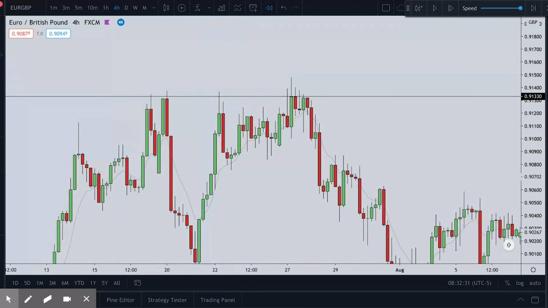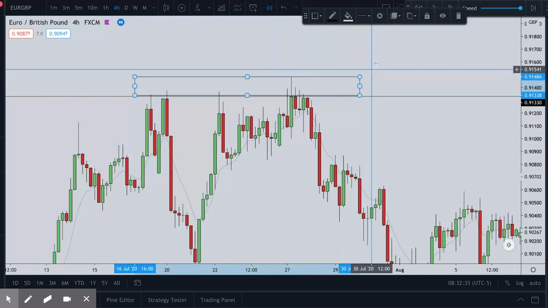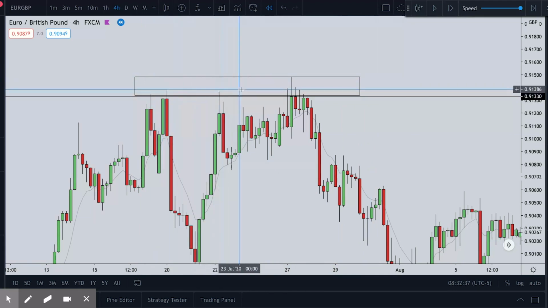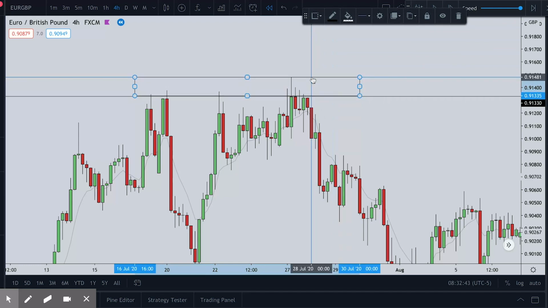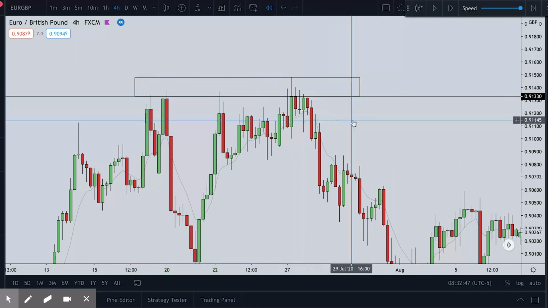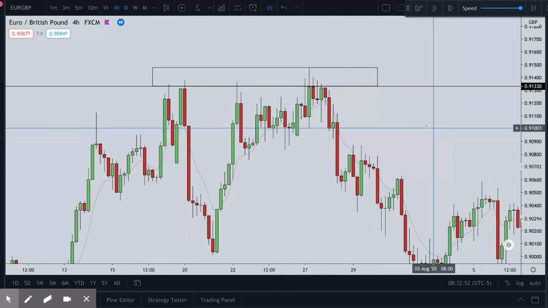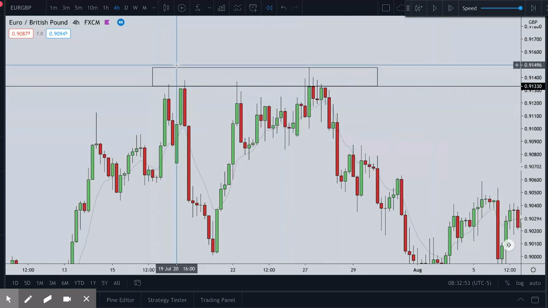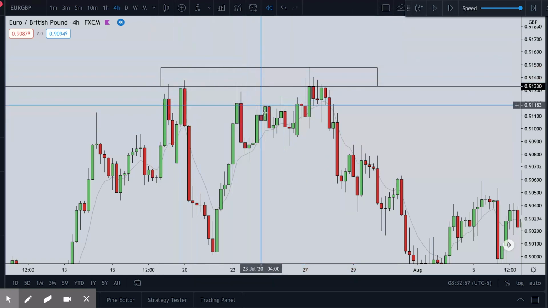But we can see if we actually look over that key level, over that area, we see 1, 2, 3, 4, 5, 6, 7, 8 wicks that pierced over that level. So 8 attempts to go higher than that closure level that we got. Now, what this means is the highest price point that we could get to was 0.91330. But regardless of that being the highest closure point, the market did attempt to go higher numerous times.